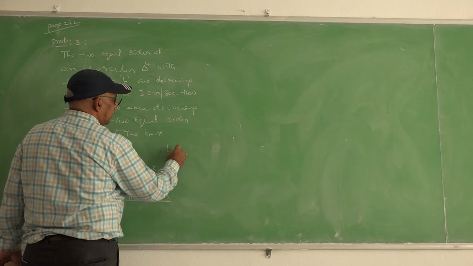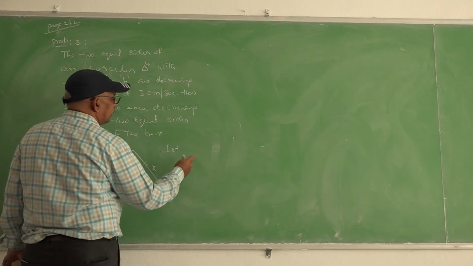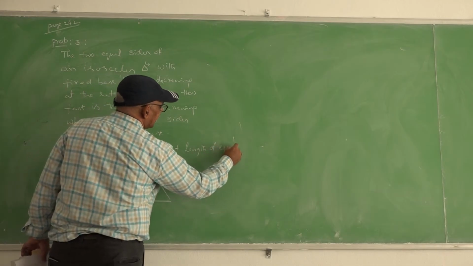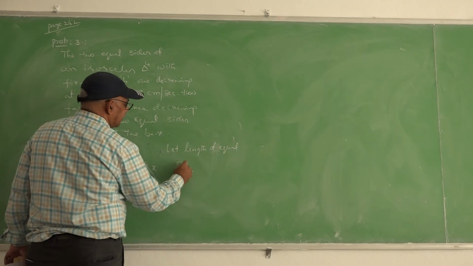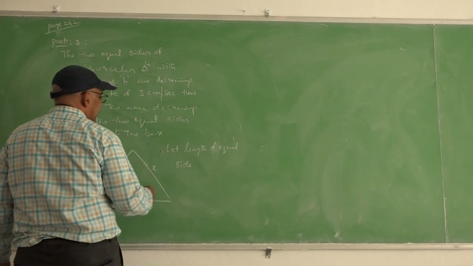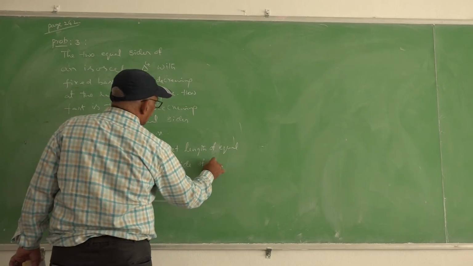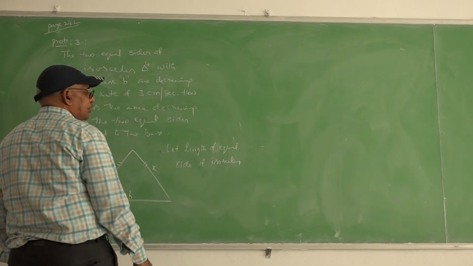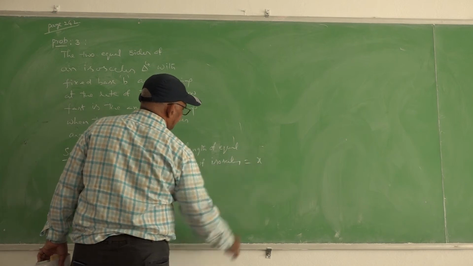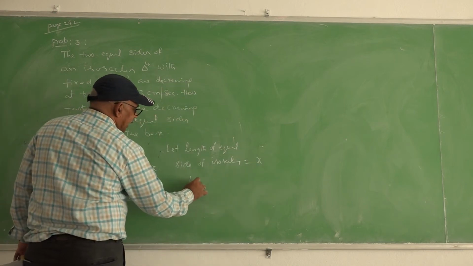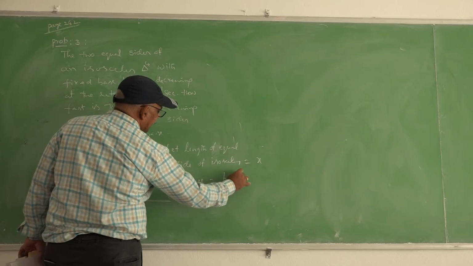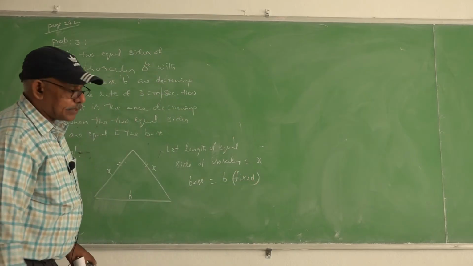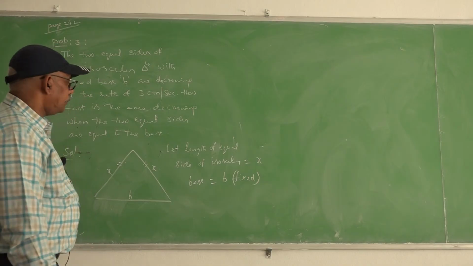Let the length of the equal side of the isosceles triangle be x and base equal to b, fixed. It is constant. Fixed means constant, no change in b.